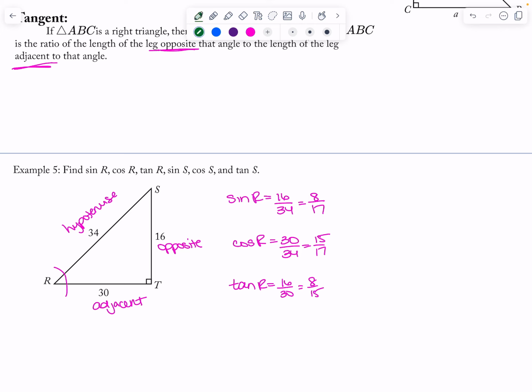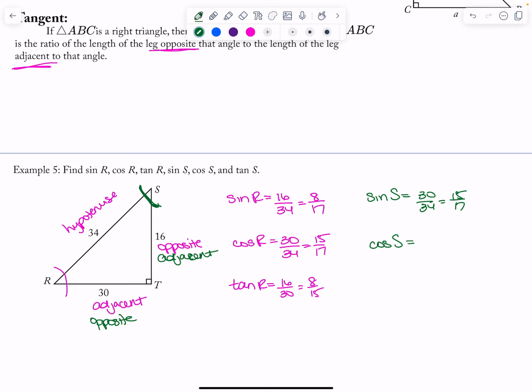Okay, so now I will change this to s. Okay, and now my opposite side changes. And then my adjacent side changes. So sine of s is equal to 30 over 34, which is 15 over 17.